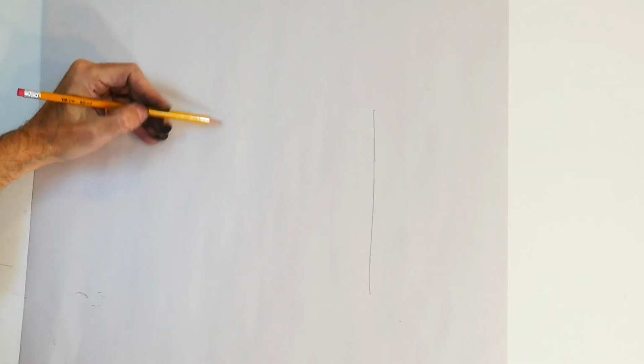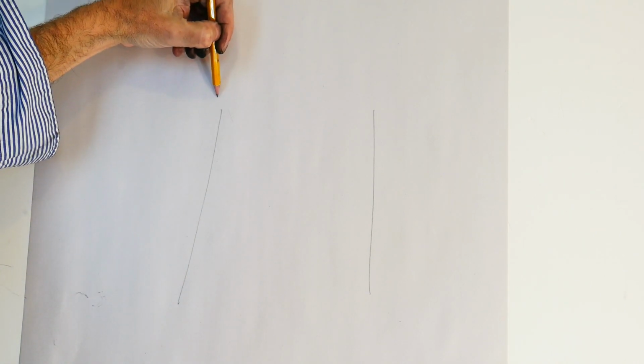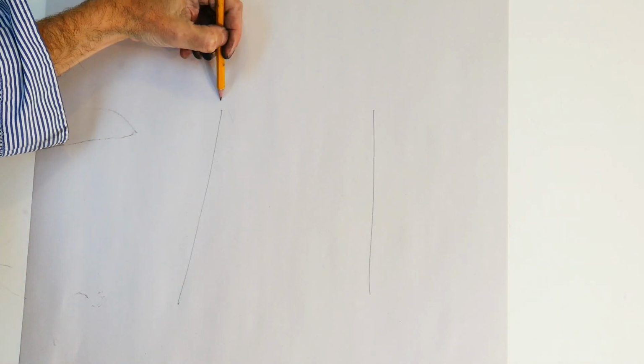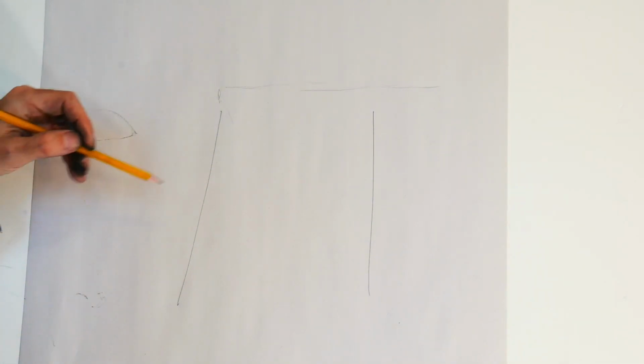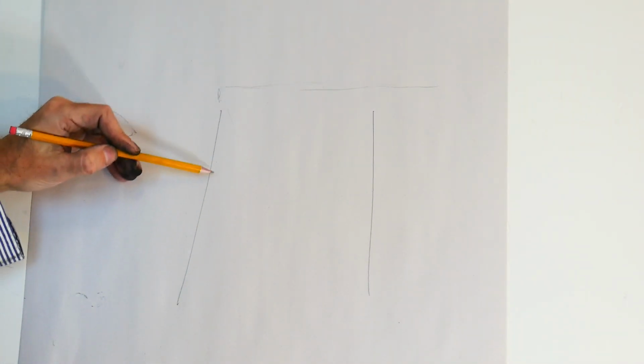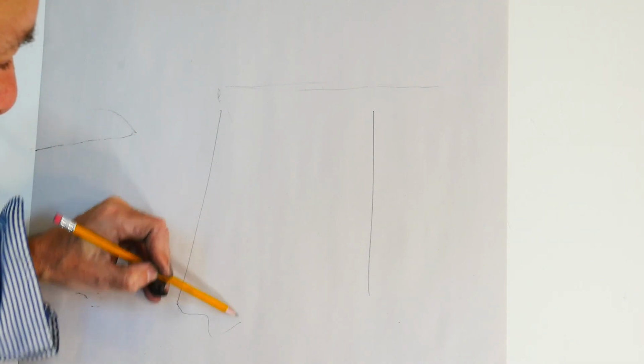With our towel here, it's kind of leaning off of the edge of a table. So you do want to get a sense of what's underneath your fold. That's obviously more important if, let's say, your folds are on top of a human being, so you're doing the pant legs or whatever. And then there's going to be the bottom shape, right?